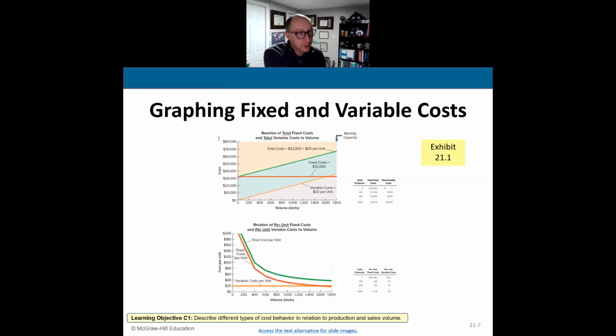Fixed costs are paid regardless of the level of output. So at 0 units, my total costs are $32,000. As I make more units, it rises. My total cost rises at the same rate as my variable cost. So that's what that top chart shows us. Yep. So total costs are fixed cost plus variable cost.